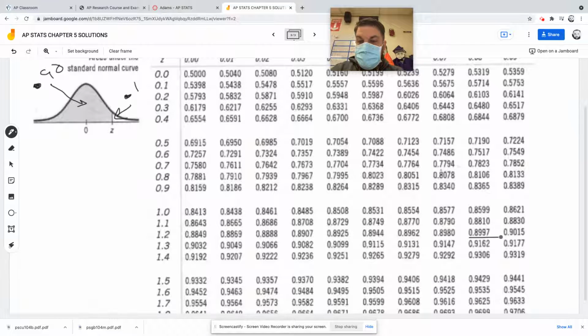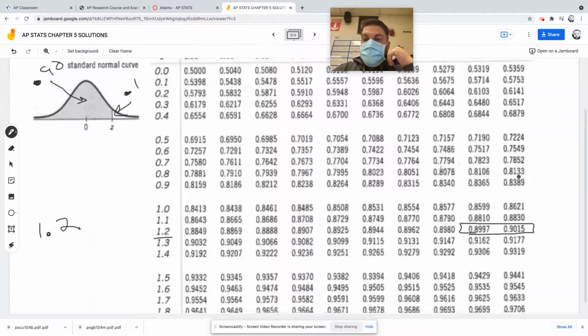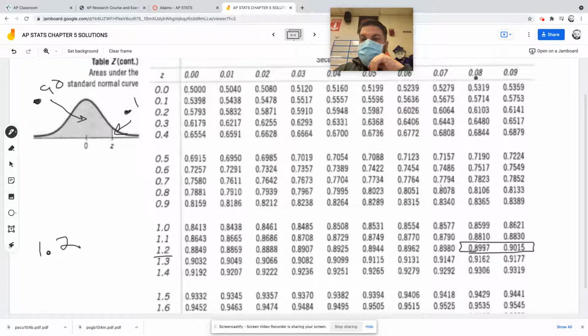So if you look here, those are the two values. And if you look over here, I've got 1.2. Now, if I scroll up, it's between 0.08 and 0.09. Well, they're very close to each other.